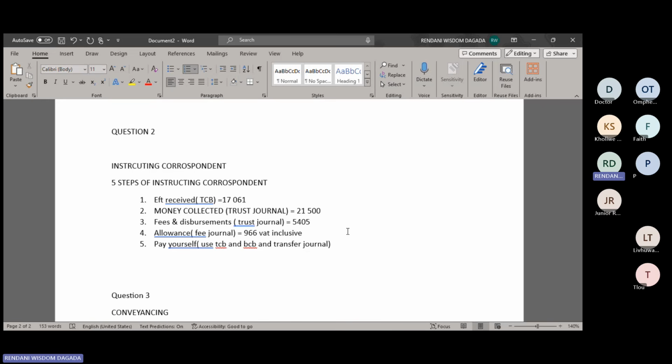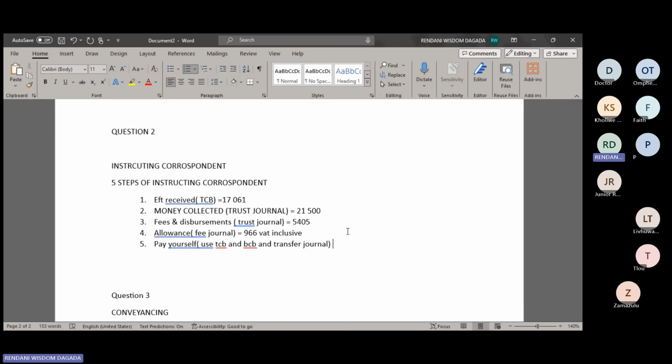So that is how you get the amount that you're supposed to pay yourself. No, actually, sorry. Why am I saying that? The amount that you pay yourself is the 966. Apologies for that. You pay yourself 966. That is the 966 that you're supposed to pay yourself.